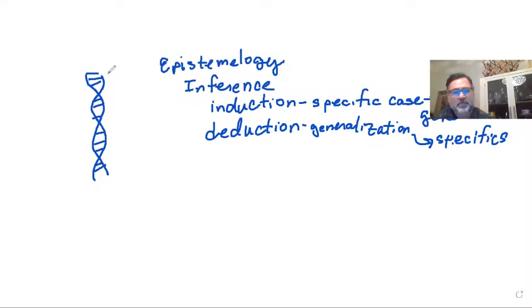What they discovered was that it had a sugar phosphate backbone, and that you had bases on the inside, and these were bound to each other through hydrogen bonds, and where you had an A, you have a T and a C, and a G, and so on, right?